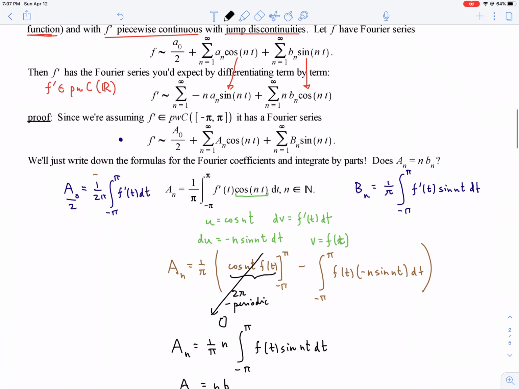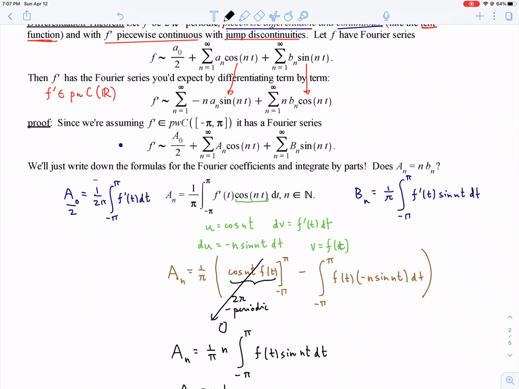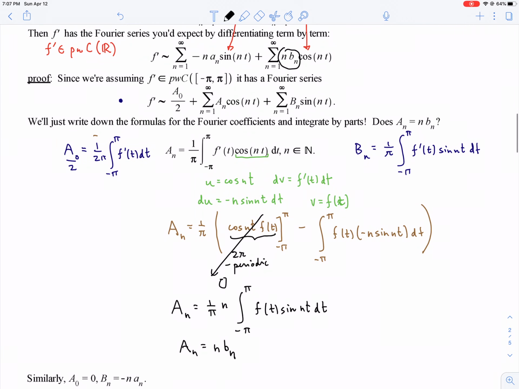The capital A n, which is the coefficient of the cosines in the f prime, is n b sub n.